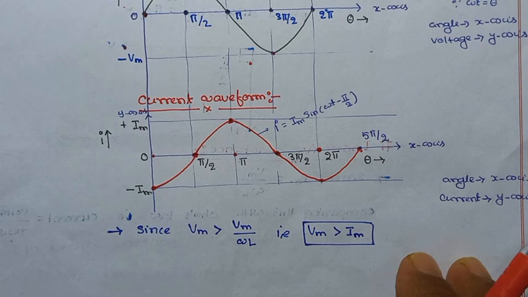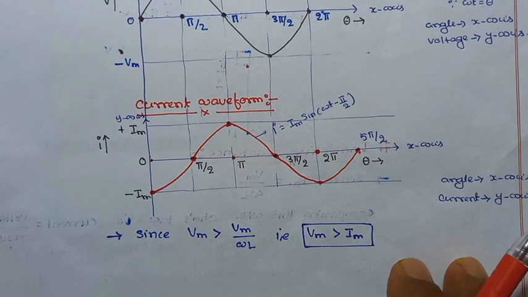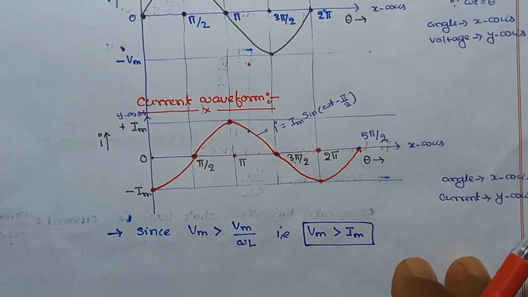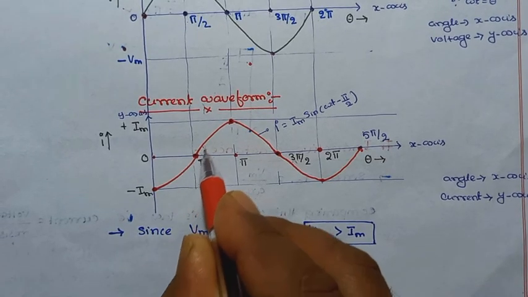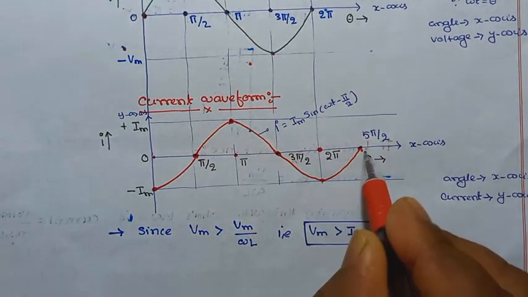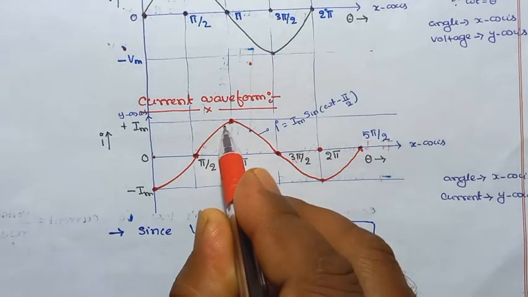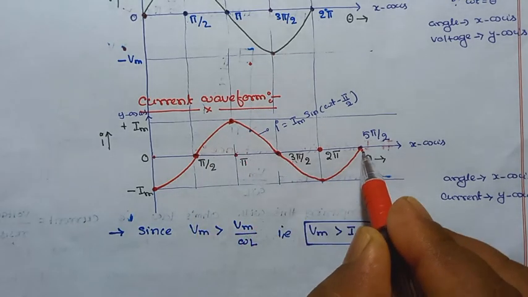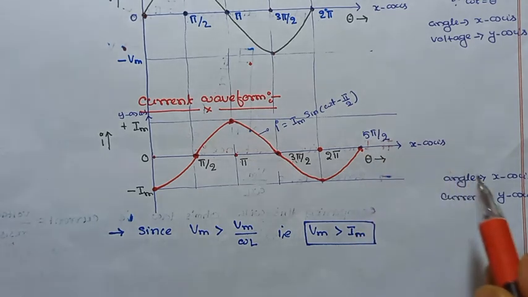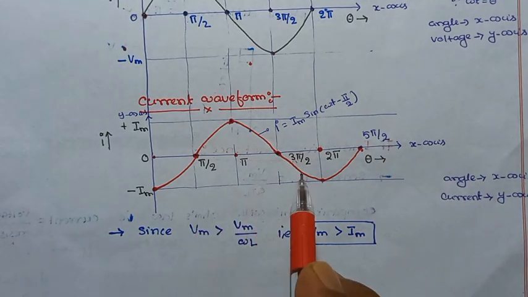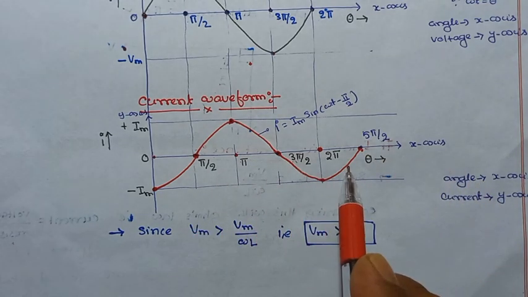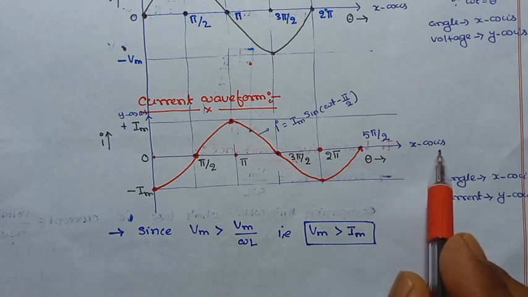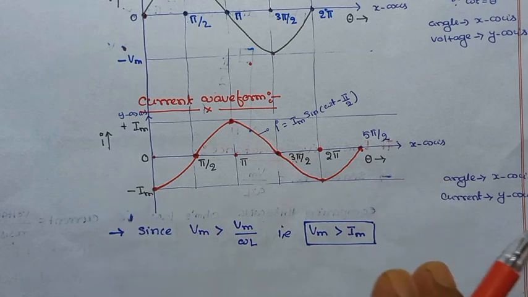When omega t is 2 pi, current becomes negative maximum. And when omega t is 5 pi by 2, current becomes 0. So taking all these values, we have drawn this current waveform. Okay, so this is the current waveform, that is I is equal to Im sin omega t minus pi by 2. This waveform is drawn by taking angle along the x-axis and instantaneous current along the y-axis.